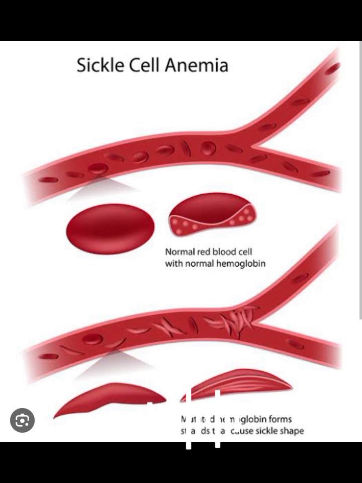Medication to prevent other infections. We have penicillin, that is one. It is recommended that children with sickle cell anemia take penicillin twice a day, every day. This should be started as soon as the diagnosis of sickle cell anemia is made, preferably at 2 or 3 months of age.